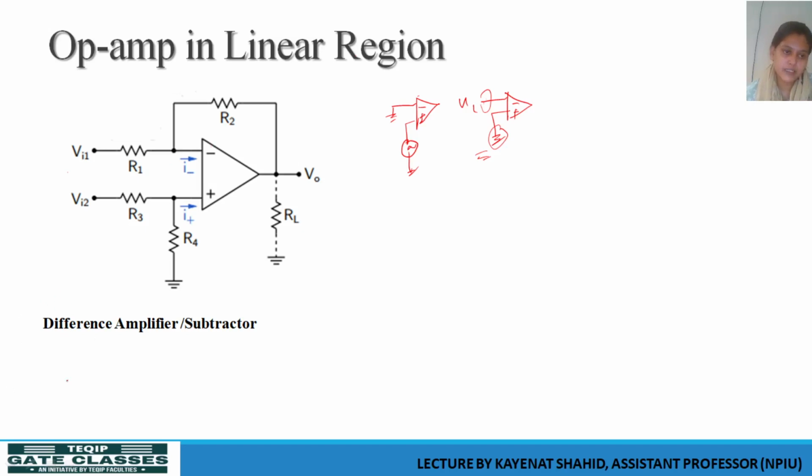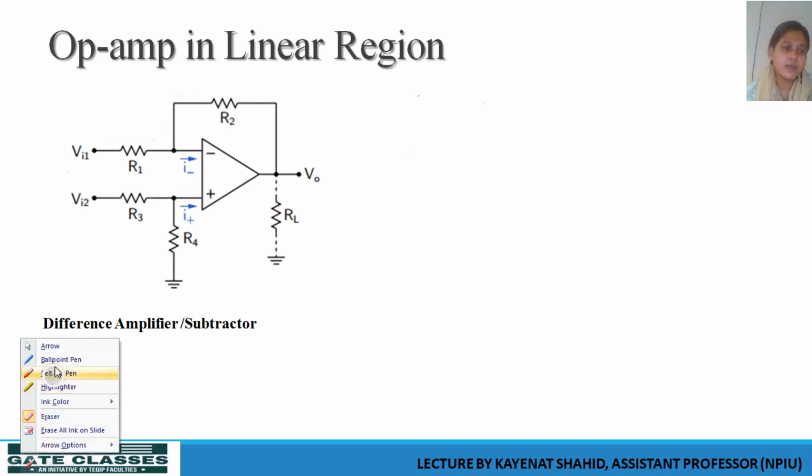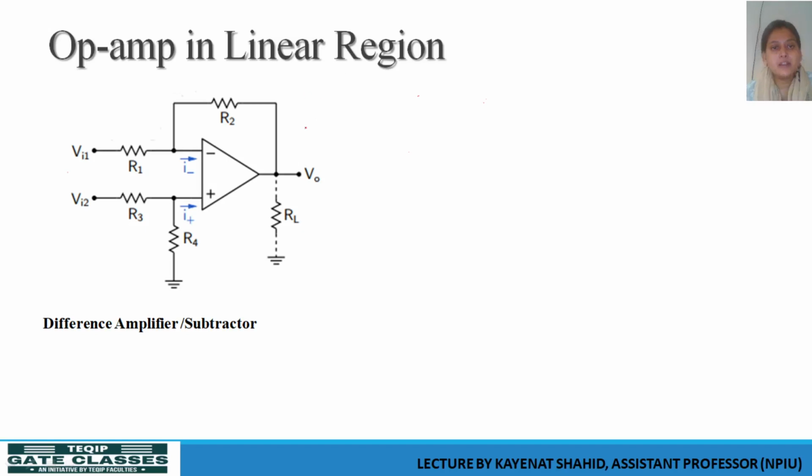It is written here, this is a difference amplifier. Because it has inverting and non-inverting terminals, all the voltages that we apply here get amplified, but the amplification will be of the difference between the two input signals. But why do we have to apply another resistance?